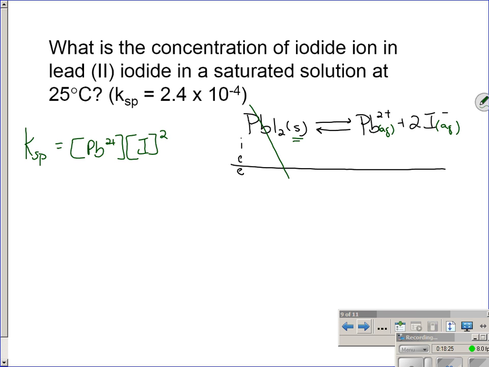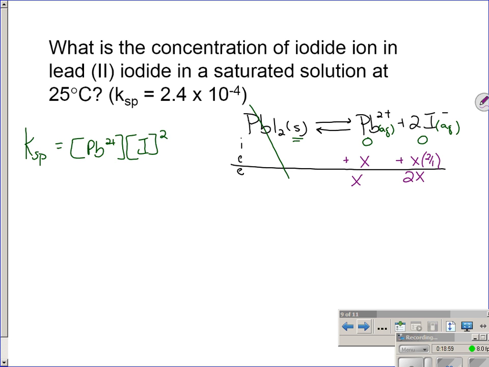So here's the thing, we know that these start at 0. We don't know how they're going to change. But if we say, okay, the lead is going to change by X, it's going to go up by some amount X, that means that using the stoichiometric ratio, iodide is going to go up by X times 2 over 1. So at equilibrium, we have the concentration of lead ion is X, the concentration of iodide ion is 2X.